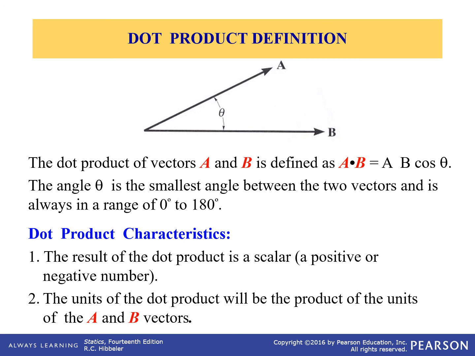When we find the dot product, we get a scalar value out. The process to do it is covered in chapter 2. We will use this in the future to find a projection of a force on another line or another plane.